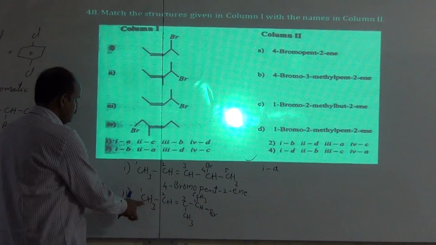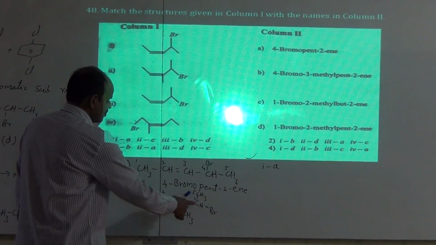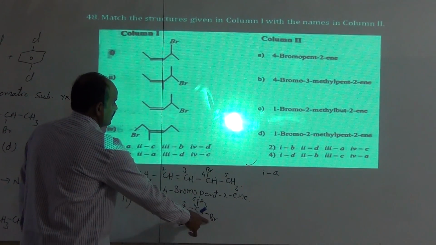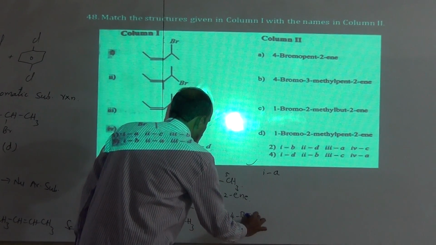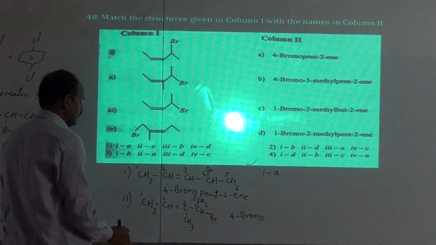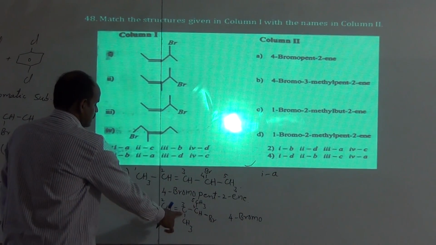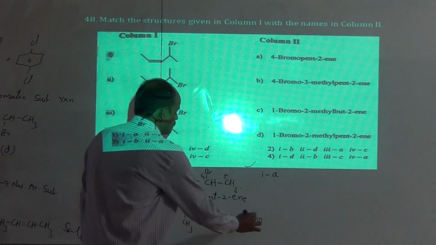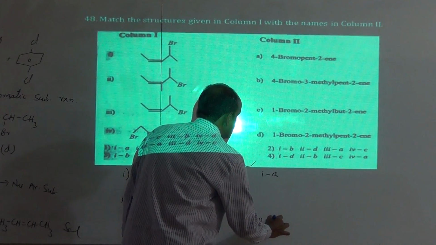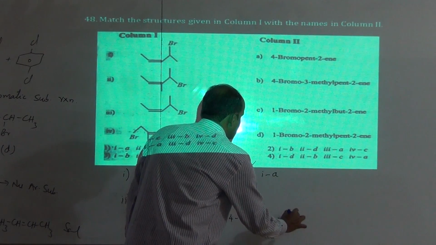Then here what is the name? On fourth carbon bromine is there, thus 4-bromo. Next, methyl group is present on third carbon, 3-methyl.